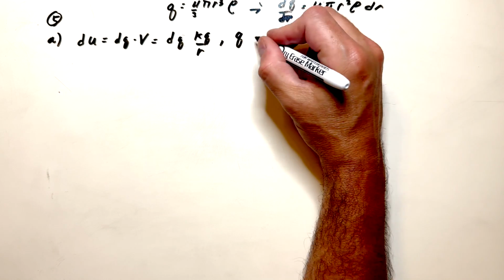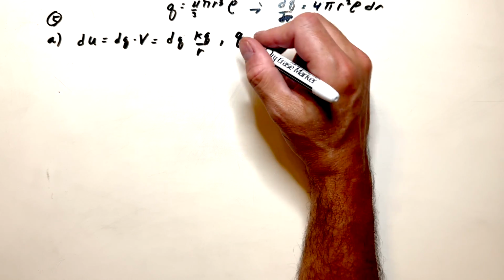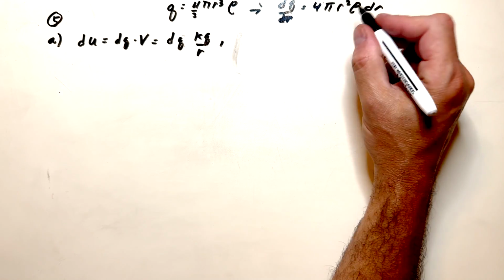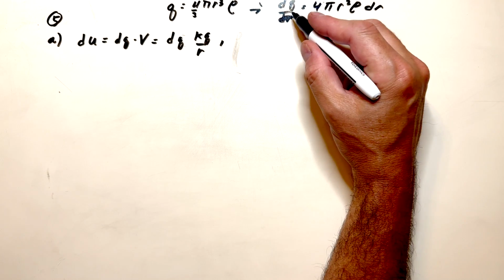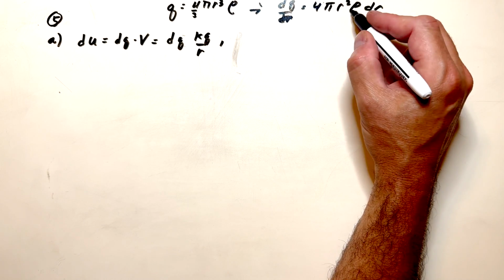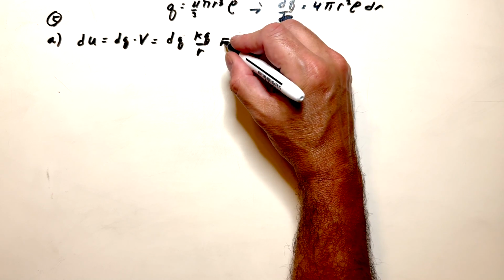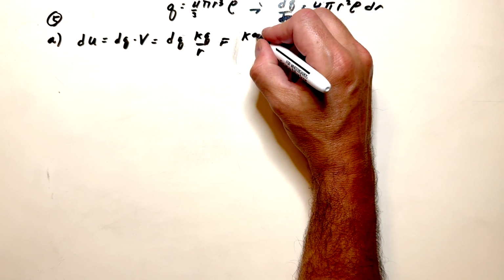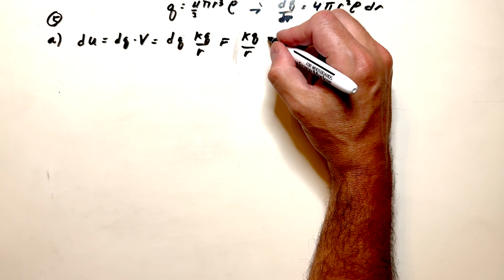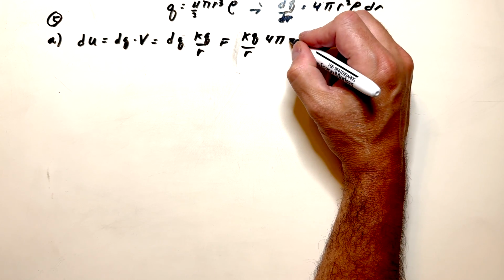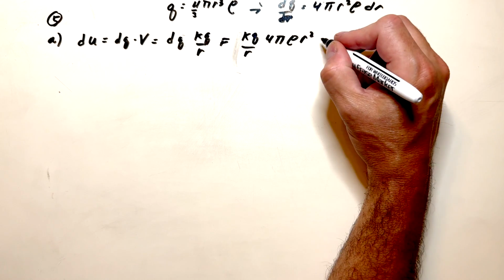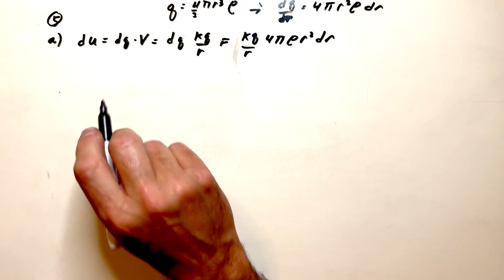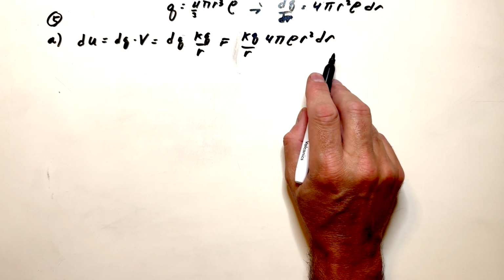But we're going to use the relationship that dq is equal to 4 pi r squared rho dr. And so we can write this as kq over r times 4 pi rho r squared dr. So now we have everything in terms of dr.